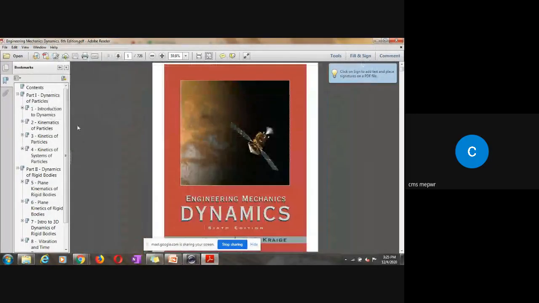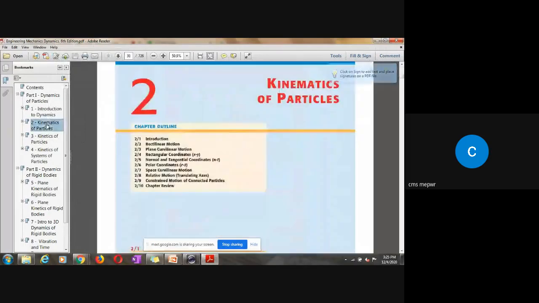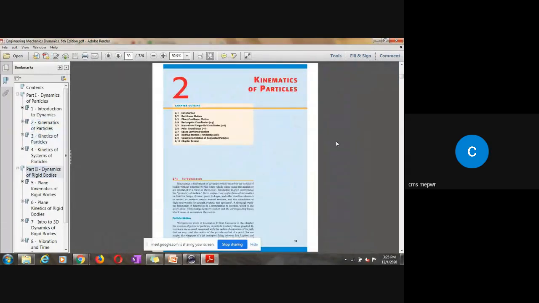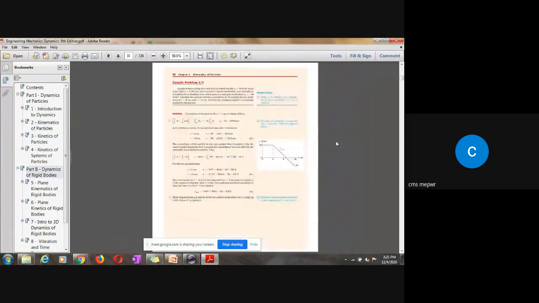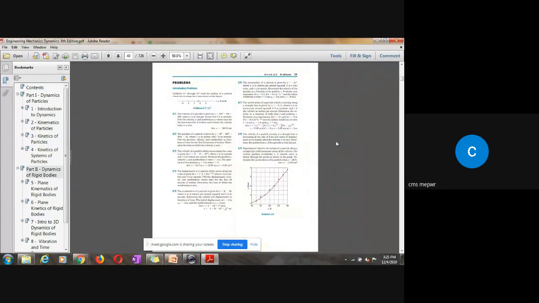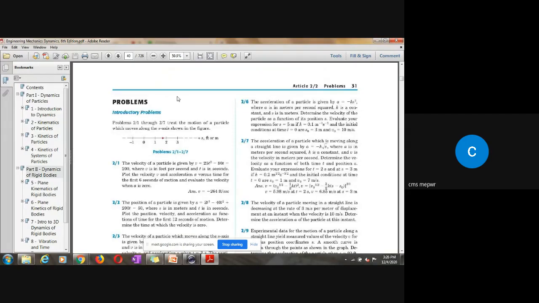Okay, so let's go through kinematics of particles, and this is the example. You can go through this sample problem 2/2. I have given you this exercise problem 2/2.